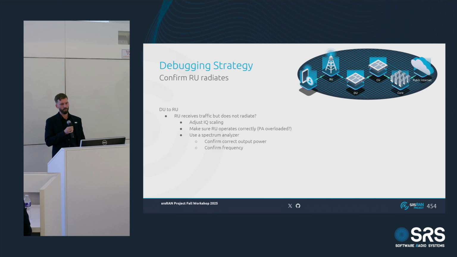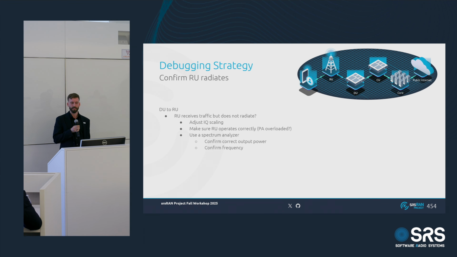Then also something that could happen is that the RU receives traffic but doesn't send anything. This could be due to the IQ scaling. If we tell the RU to send higher power than it actually supports, it could be that the power amplifiers are locking up, and the RU basically just doesn't send anything.